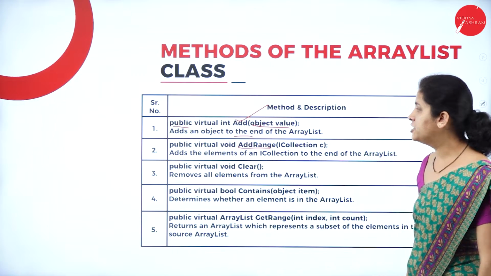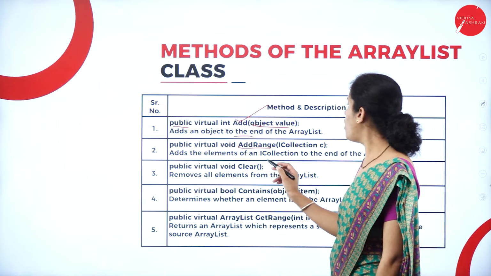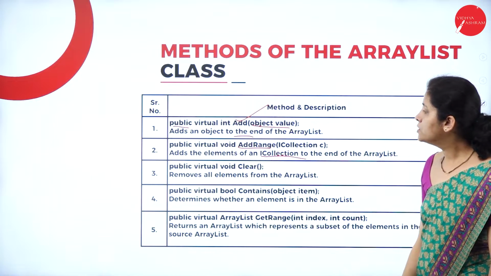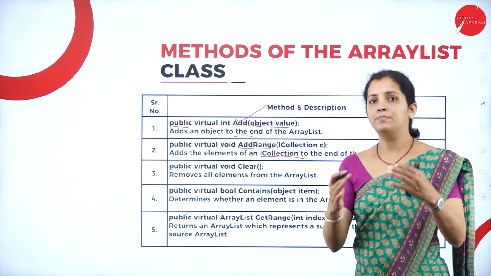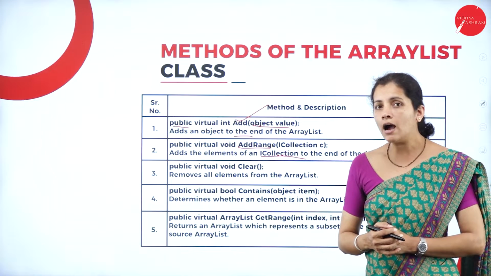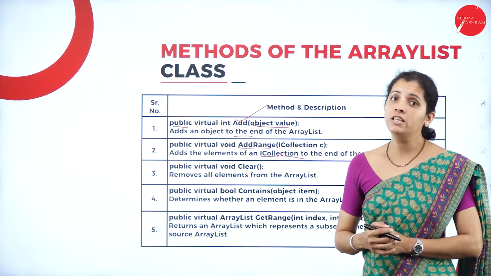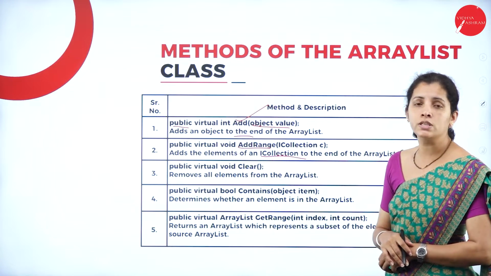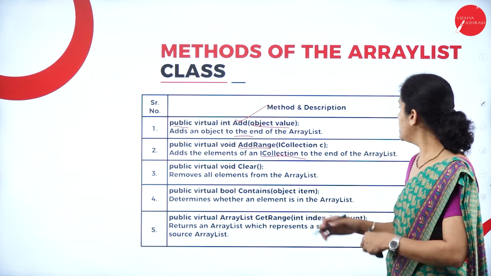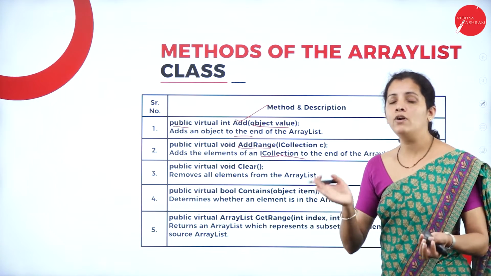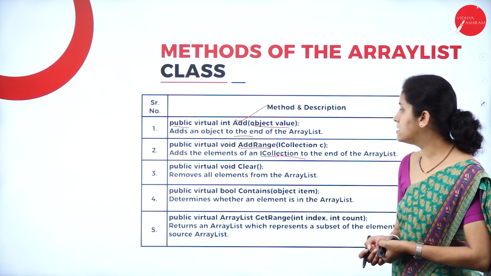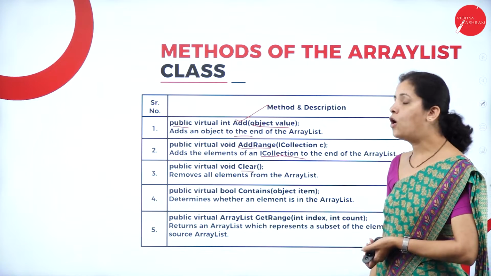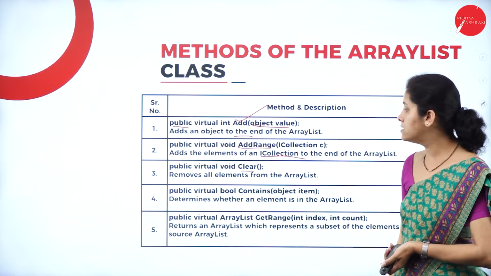AddRange. What is AddRange? It adds the elements of an ICollection to the end of the array list. So think that I have specified some range. Now if I want to extend the range of an array list, then I can use AddRange, and it adds at the end of the previous array list. Clear is mainly used to clear or remove all the elements from the array list.